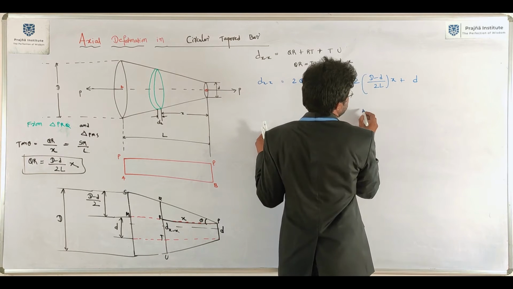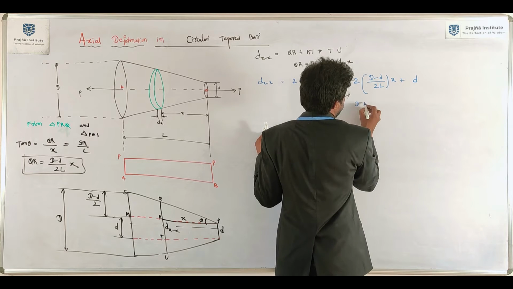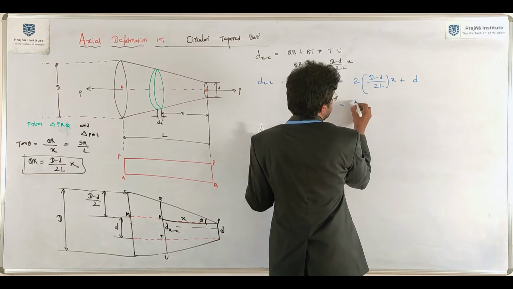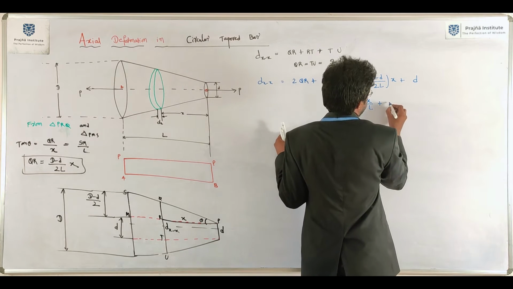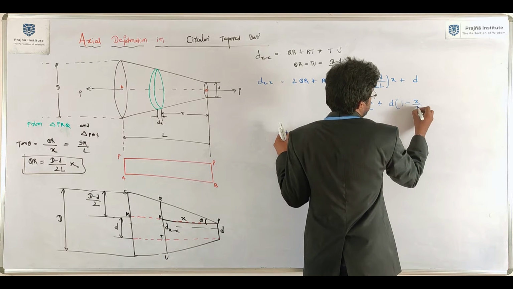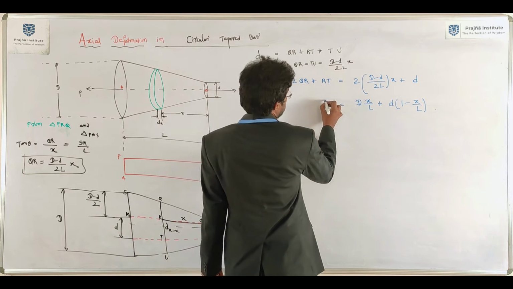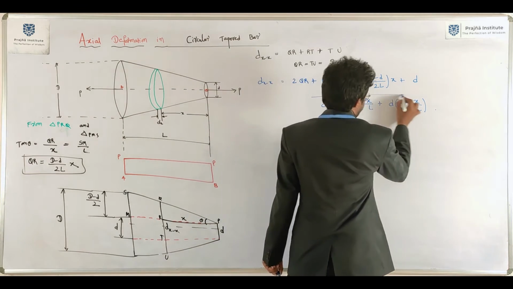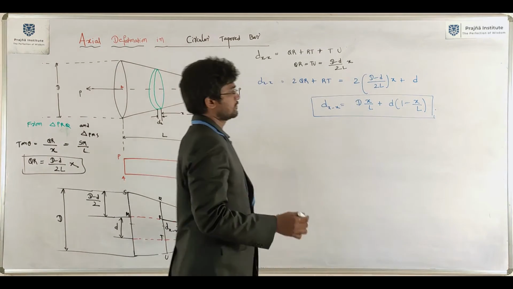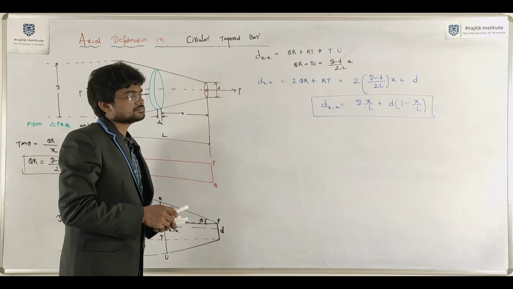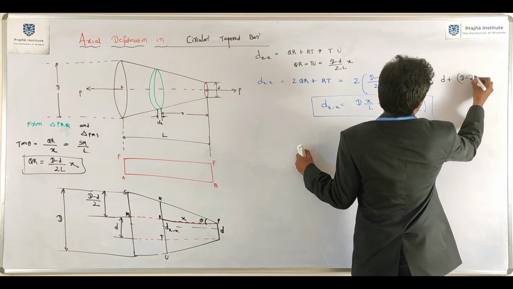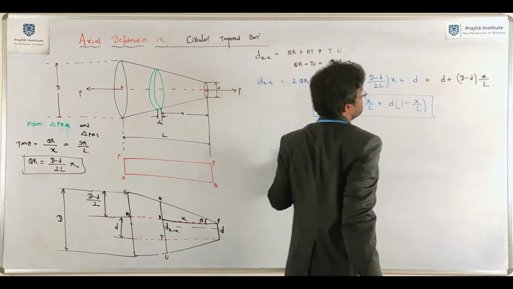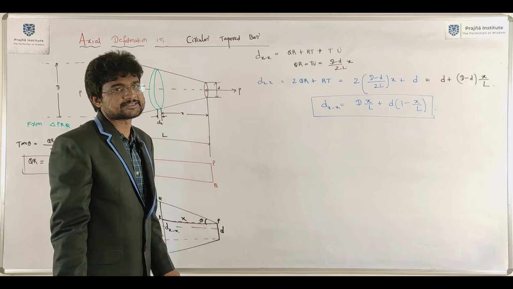Here the 2 gets cancelled out, and you get d plus (D minus d) into x by L, that is d into 1 minus x by L plus D into x by L. This is all about dxx. Clear? Understood now?